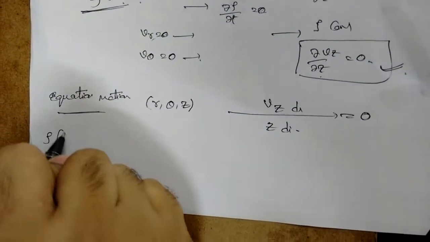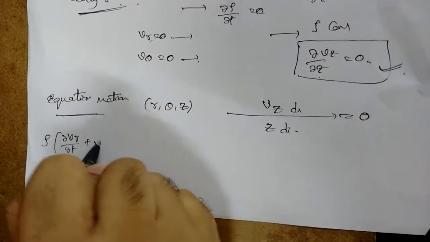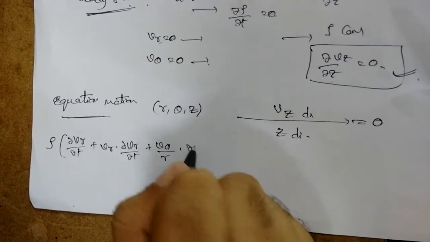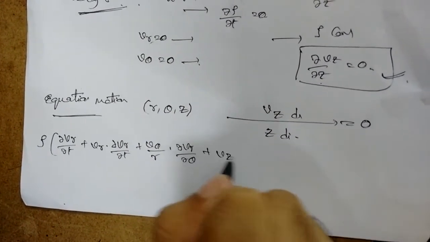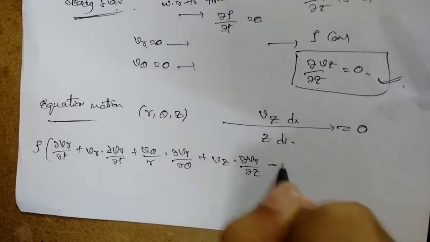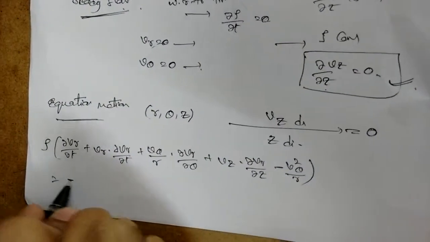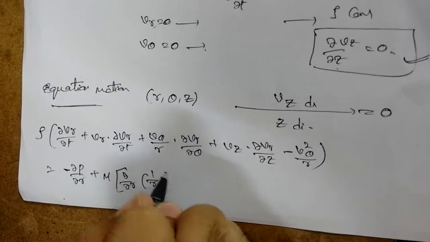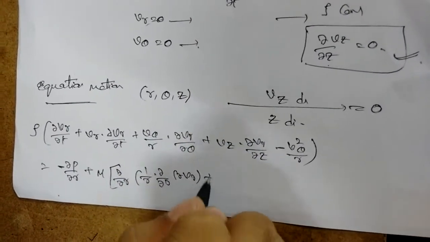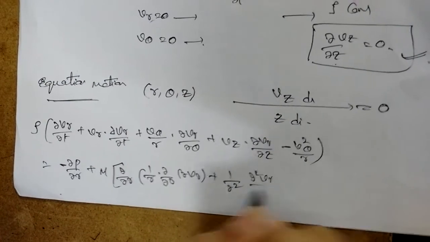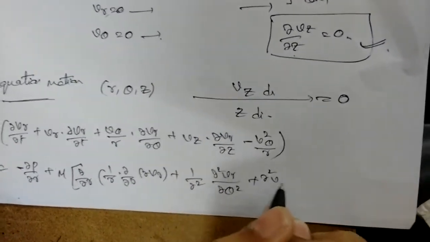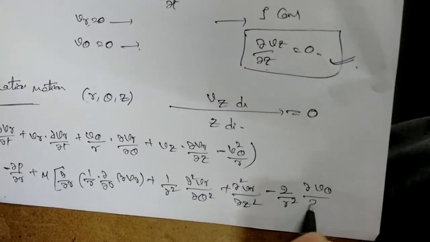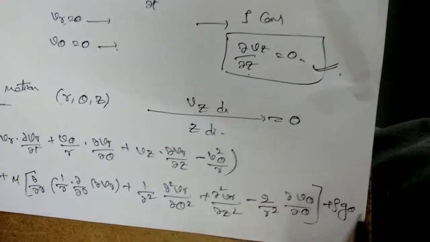In our case, the r component: rho into dou v r by dou t plus v r into dou v r by dou r plus v theta by r into dou v r by dou theta plus v z into dou v r by dou z minus v theta square by r, equal to minus dou p by dou r plus mu into dou by dou r of 1 by r into dou by dou r of r v r, plus 1 by r square into dou square v r by dou theta square plus dou square v r by dou z square minus 2 by r square dou v theta by dou theta, plus rho g r.